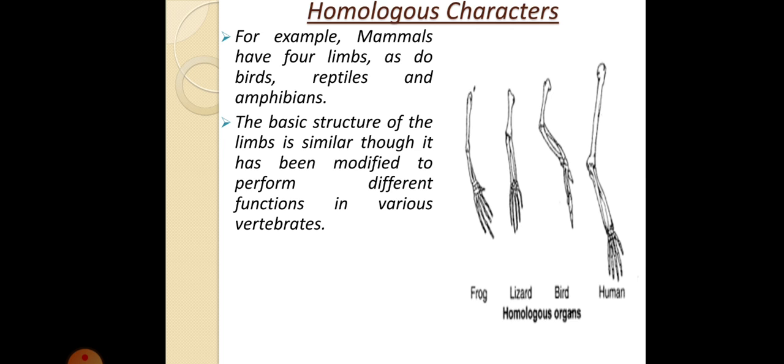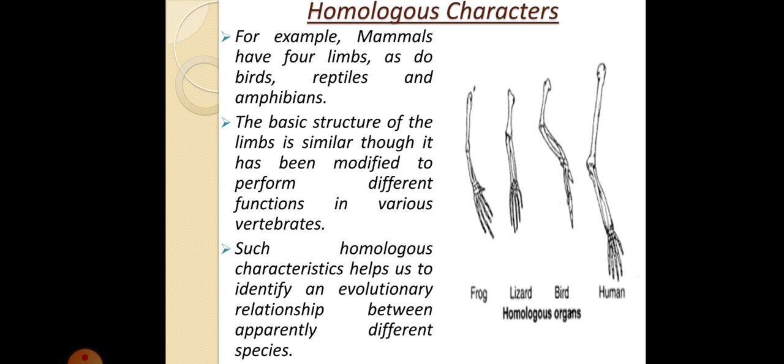In the lizard, the limbs are used for crawling. In the bird, the limbs are used for flying. And in human beings, the limbs are used for various activities and for walking. So as you can see from the diagram, the structure is the same but the function is different. Such characters are called homologous characters.